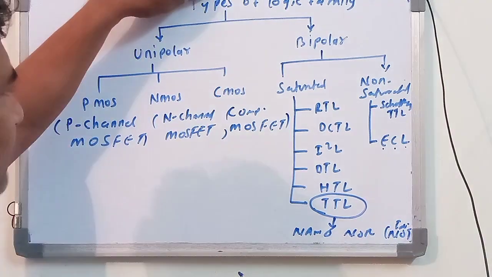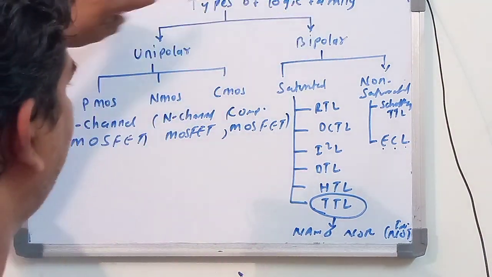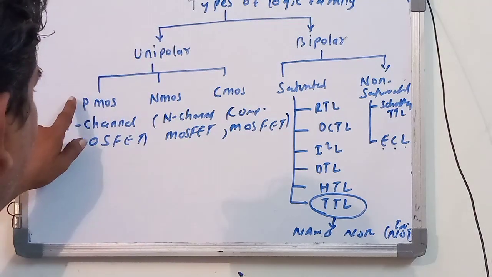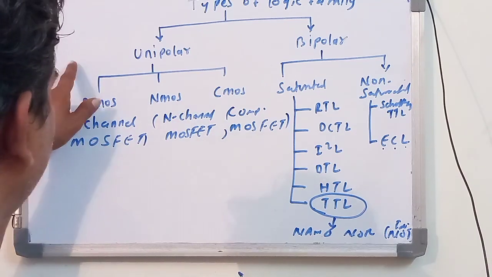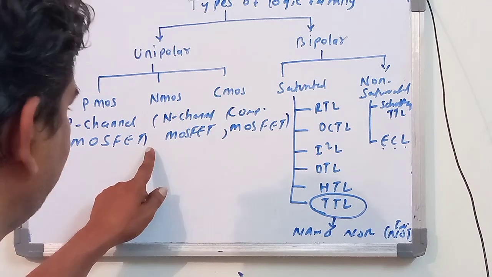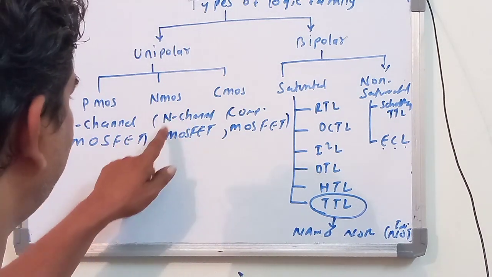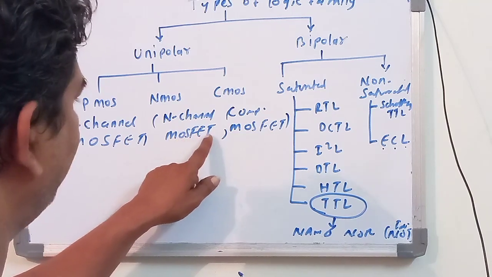Once again, the types of the logic family have been classified into two types, that is unipolar and bipolar. Unipolar is classified into three types: PMOS, NMOS and CMOS. PMOS is a p-channel metal oxide semiconductor field effect transistor. The NMOS is an n-channel metal oxide semiconductor field effect transistor.